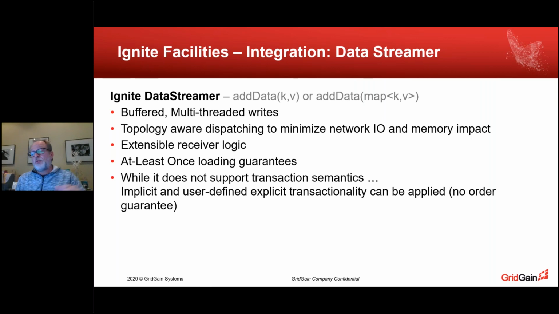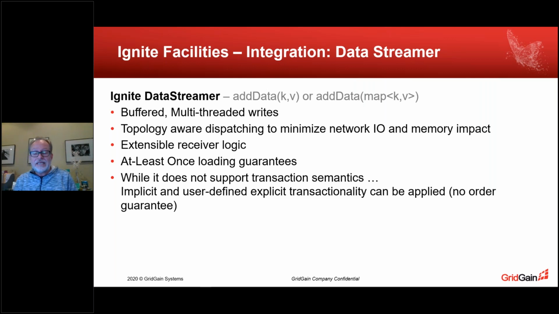Now, it does not support transactional semantics directly. There are implicit transactions, and you can define user explicit transactionality. However, keep in mind, you don't have ordering guarantees. So what happens on node 34 might be after what happens on node 25, right?